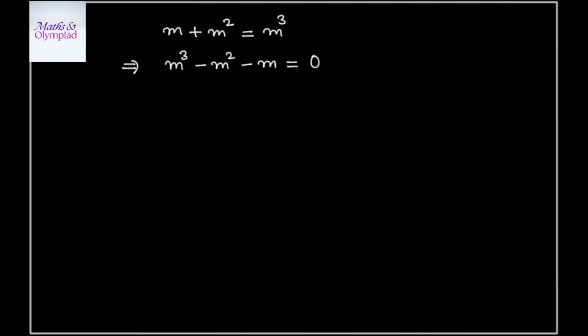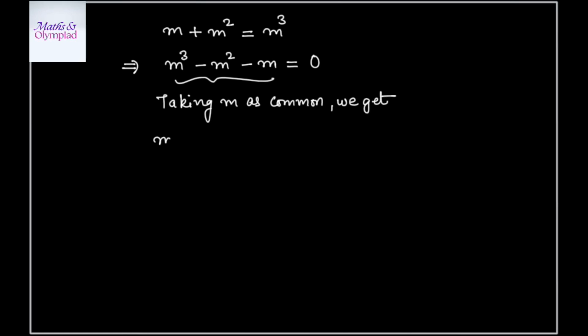Now I can take m as common. This is m times m square minus m minus 1 in the bracket equal to 0. Now we have product of two factors here, which is equal to 0.